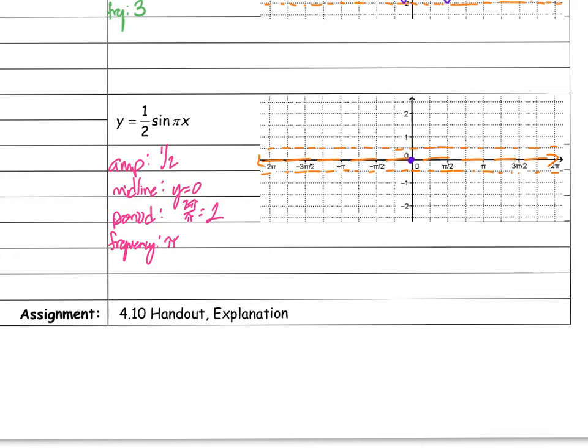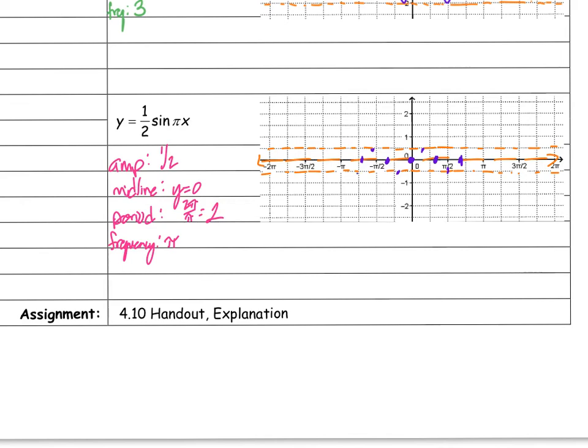Okay. So period of 2, that means in pi, I need 2. So pi is 3.14. So I'm dividing it into thirds again. So a third. I should be getting pretty good at dividing those into thirds, don't you think, by now? So a third and a third. Something like that. There we go. So sine is going to go. So there's a point. There's a point. Halfway between, halfway above.